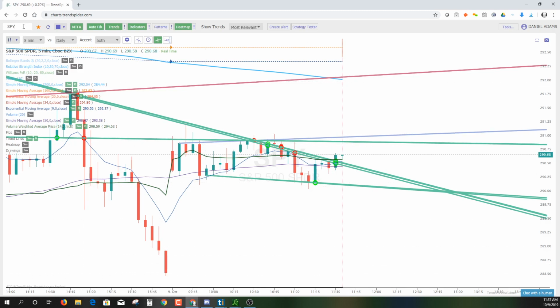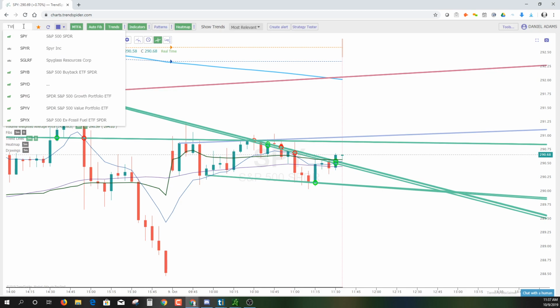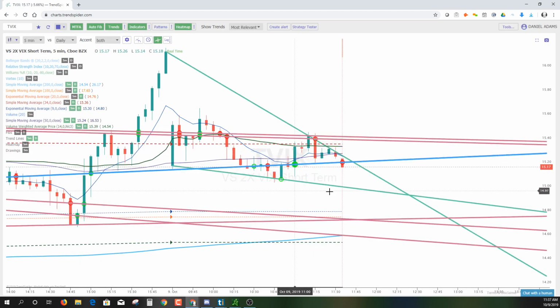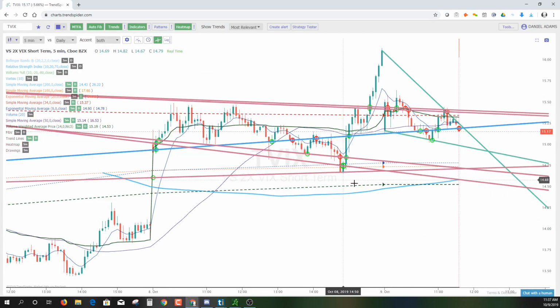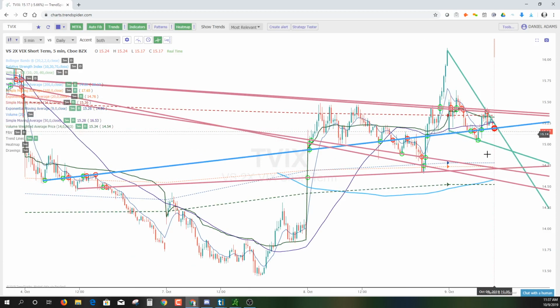I'm noticing TVIX. I'm always watching a VIX product too to get a handle on where volatility might be heading, and you're seeing some very bearish overhead resistance through here. Lots of resistance. So far respecting it. So there's a chance that this trades lower. Again, if this reverses and breaks out, you're going to see SPY really start to drop.